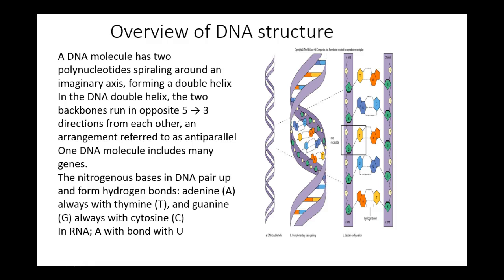You can see that on the far right, you have the 5-3, and that gives you that very predictable ladder base. In DNA, base pair hydrogen bonds form: adenine always pairs with thymine, and guanine always pairs with cytosine. In RNA, adenine is going to bond with uracil. In RNA, there is no thymine.